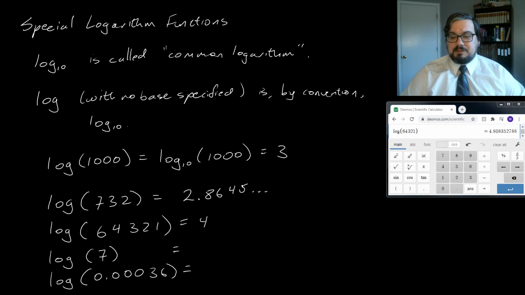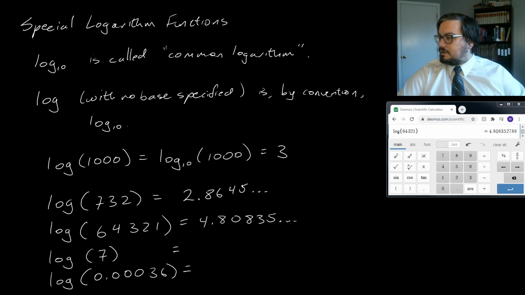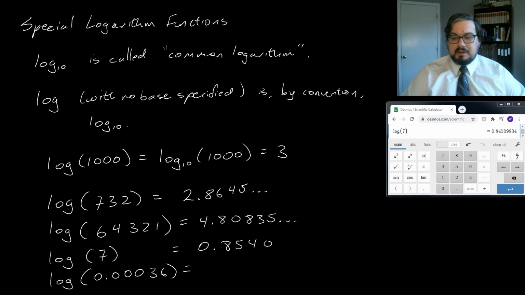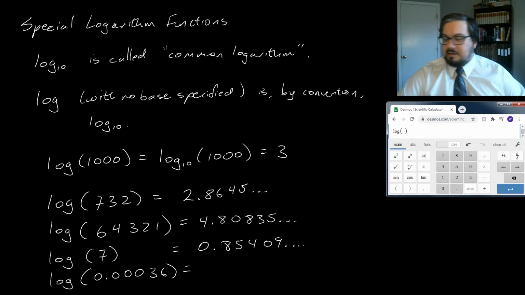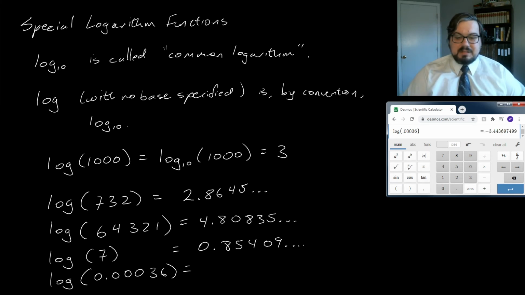Logarithm of 64321 is 4.80835, etc., etc. Logarithm of 7 gives 0.85409, etc., etc. And then a logarithm of 0.00036 gives negative 3.4436, etc., etc.